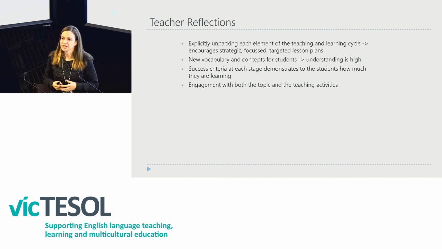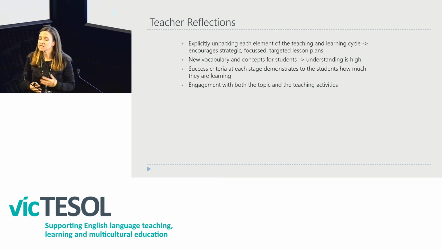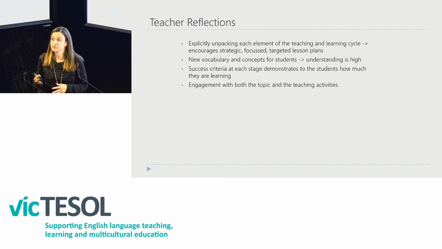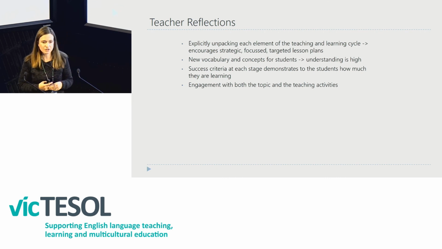The female reproductive system is actually quite a challenging unit for my students because there are so many new terms and ideas and concepts that they aren't necessarily familiar with. Using the teaching and learning cycle and really unpacking the way that I've delivered it to them has led to a really high understanding, and I've been really impressed with how much they've gotten out of it so far.